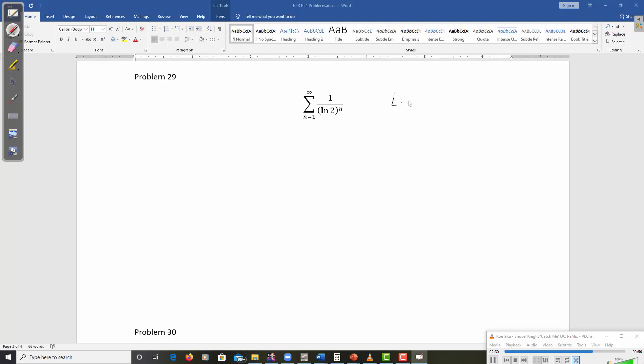So if we look at the limit as n goes to infinity of 1 over ln of 2 to the n, this is going to go to infinity, so the series diverges by the nth term test for divergence.